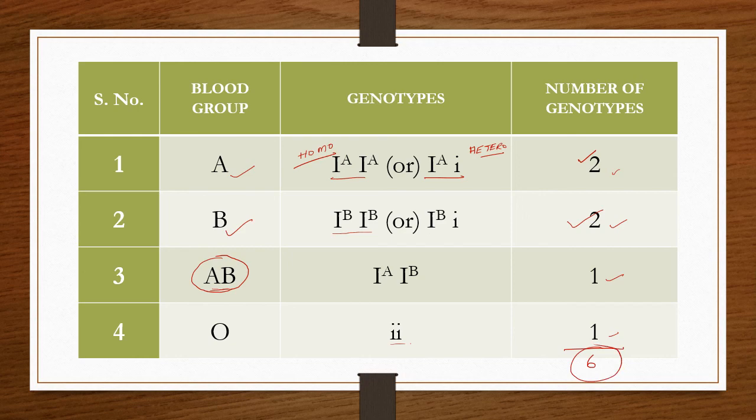So the phenotypes, blood groups, are four, but their genetic representation is six. A and B blood groups have two genotypes, homozygous and heterozygous conditions.